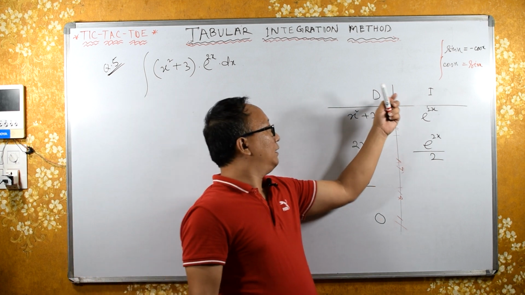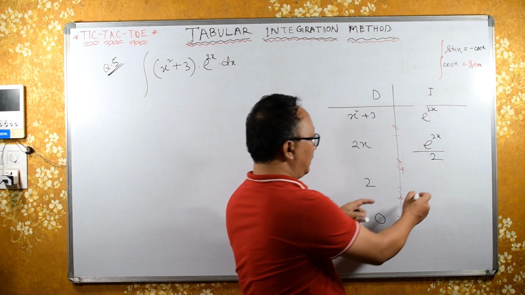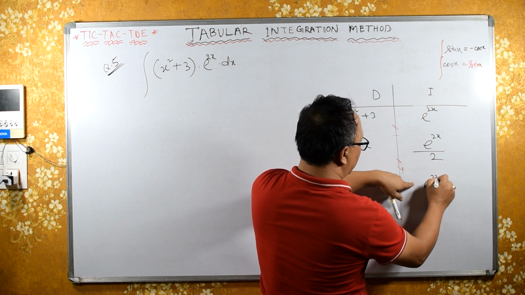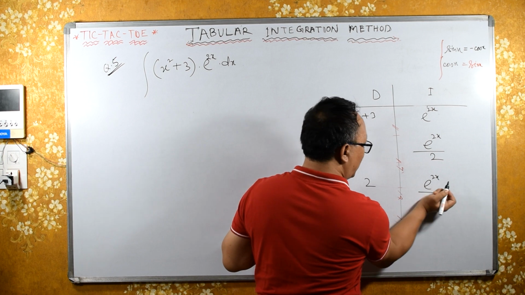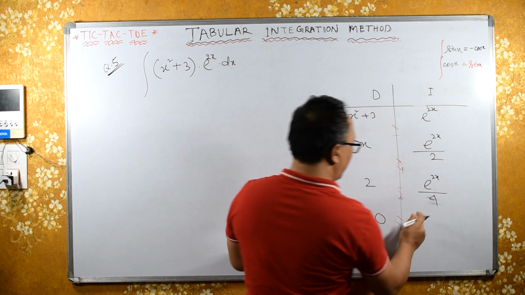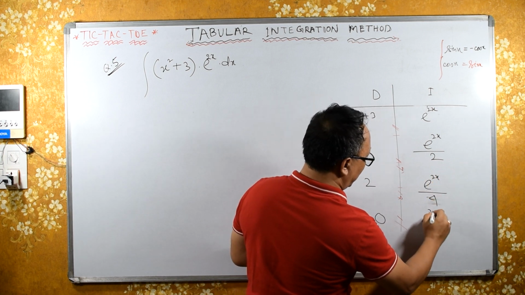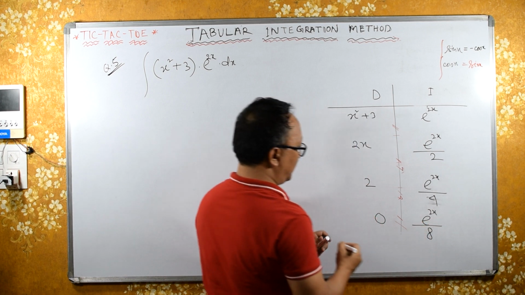Now in the integral part, e raised to 2x, integrate again with respect to x, we get 2, and 2 into 2 becomes 4. Again integrate e raised to twice x, 4 to 8 will come.